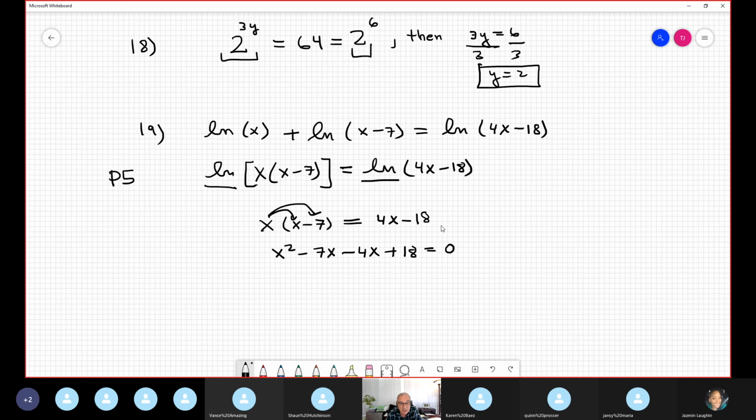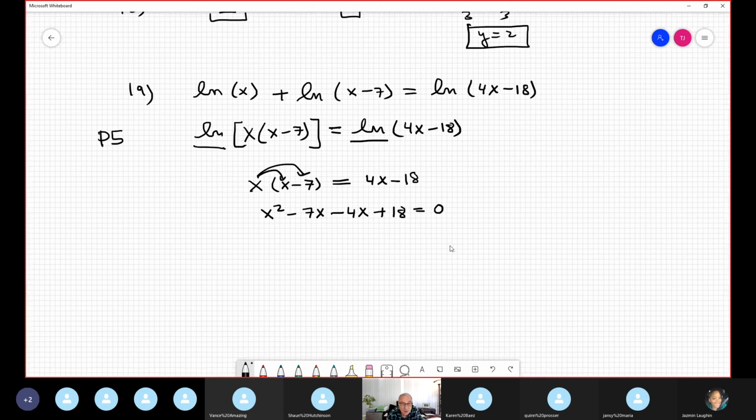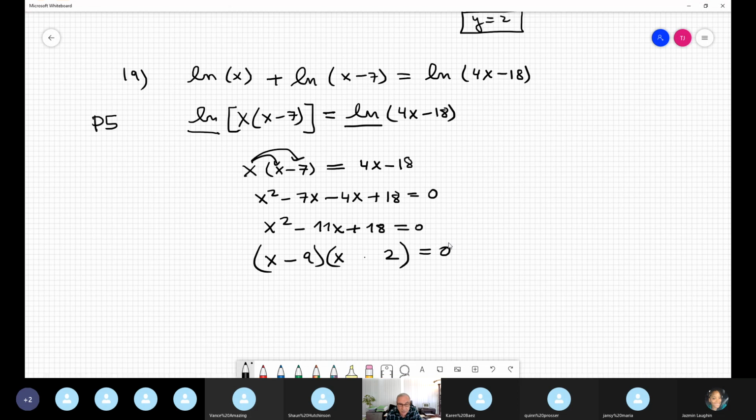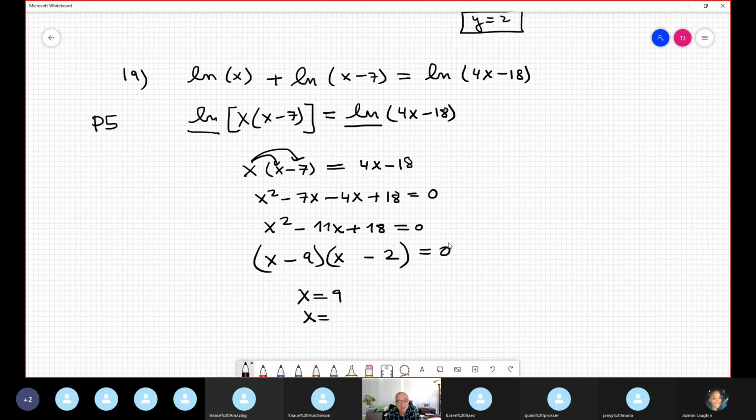So I put it in standard form: x squared minus 11x plus 18 equals 0. Now you solve this quadratic equation. It's easier by factorization, because the numbers are 9 and 2: 9 times 2 is 18, 9 plus 2 is 11, both negative. One solution is 9, another solution is 2.